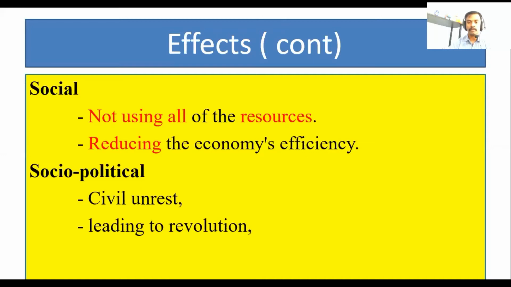There is no job, no food, poverty, illiteracy. So people try to change the government and bring a revolution to a new government like democracy. So these are the socio-political effects. Then particularly totalitarianism. Totalitarianism means socialism, just like.